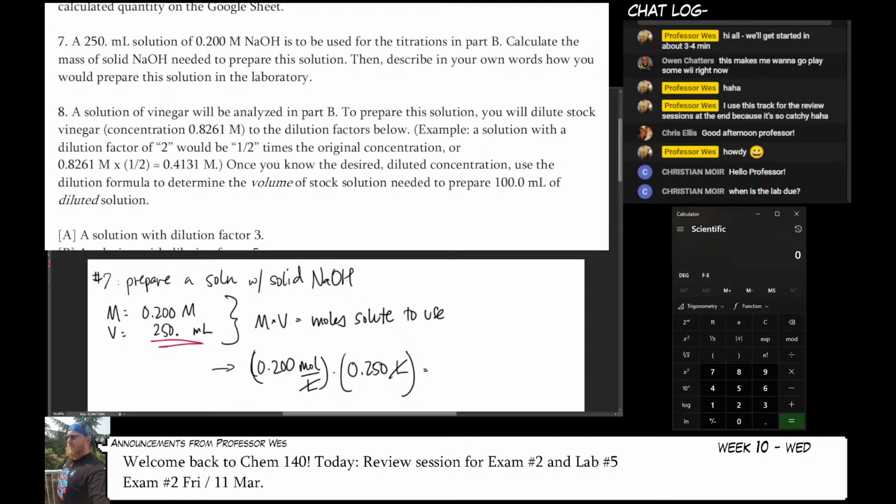And so whatever this ends up being, 0.200 times 0.250 is 0.050. So I would need to have this many moles in the container.